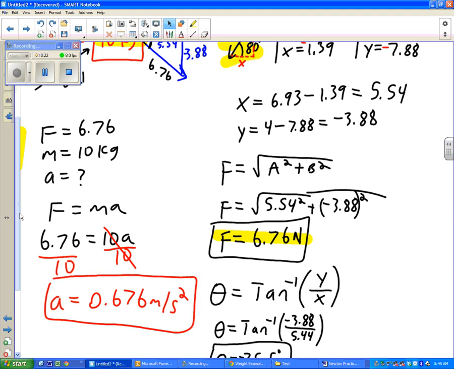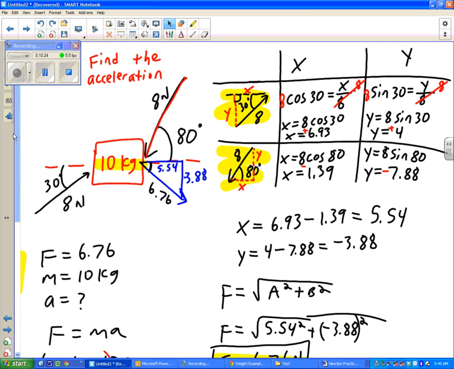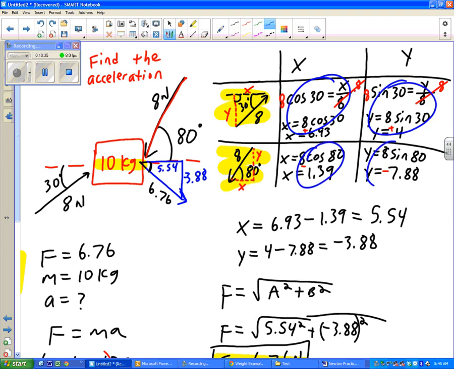So to quickly recap, when I start off, I break things down into my components, my x components and my y components, and I do that for both of them. I then make sure the signs are correct. If it's going to the right, it is positive in the x direction. If it's going to the left, it is negative in the x direction.